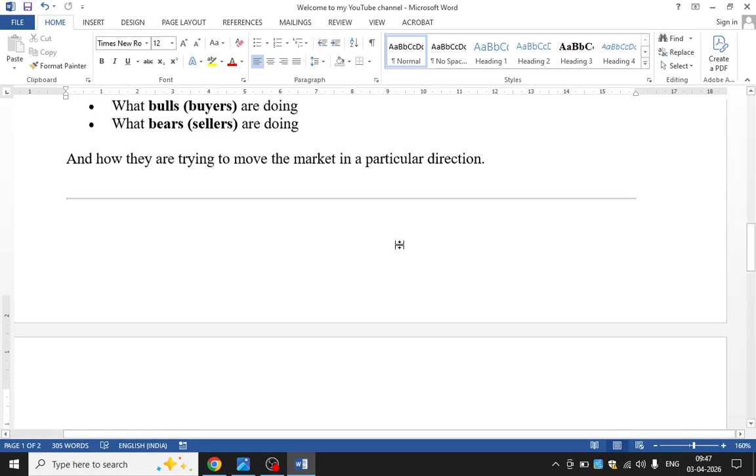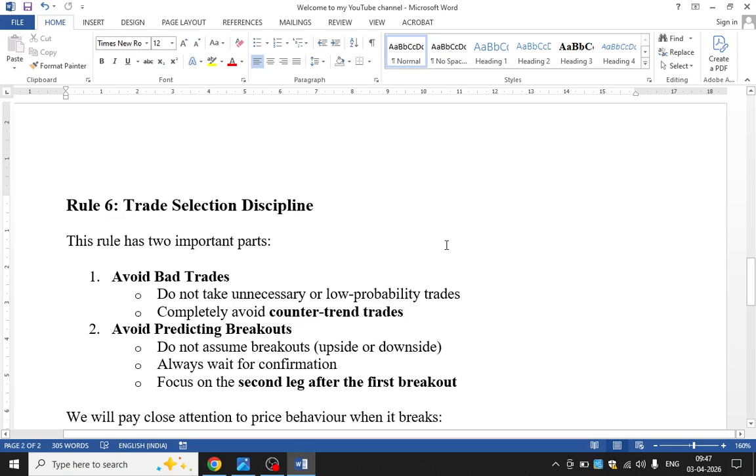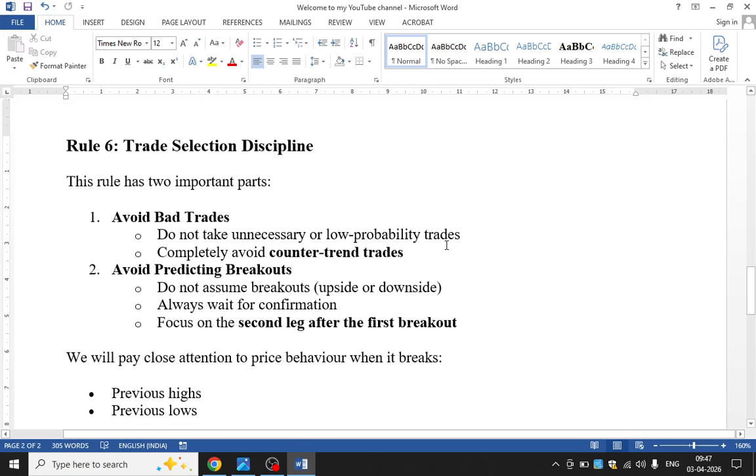Okay, so this is my rule number 6, that is trade selection and discipline. The most important thing which I have learned in my past experience is that avoiding bad trades is more important than taking a good trade.